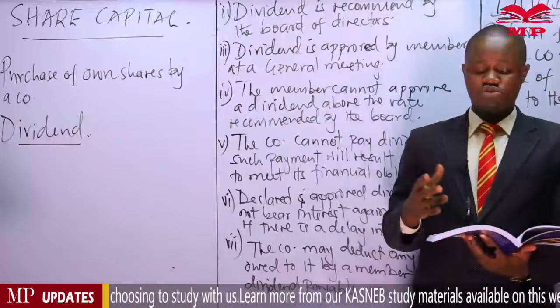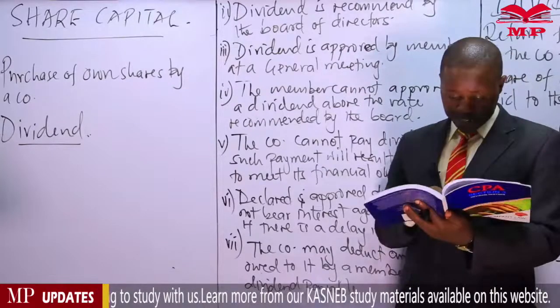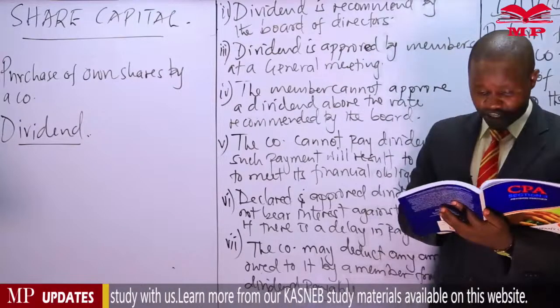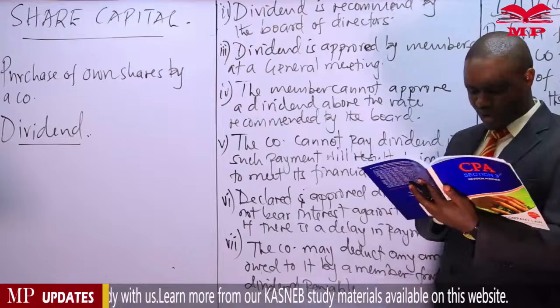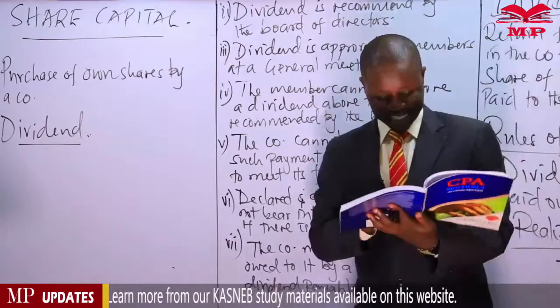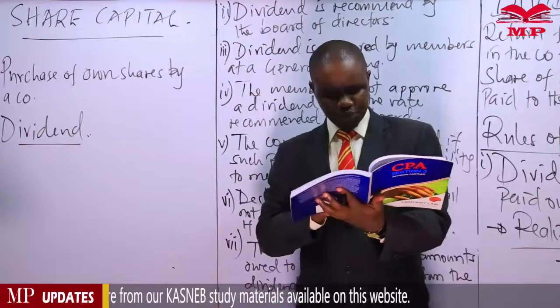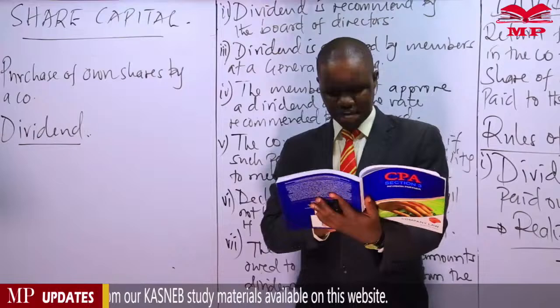Just to show you some of the questions that we have had from this particular topic. We have a question asking candidates to advise shareholders on the distinction between nominal capital and reserve capital. We have a question asking candidates to explain 5 ways in which a company might alter its share capital.